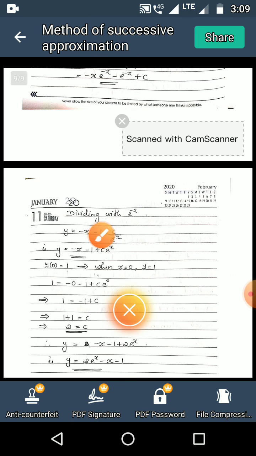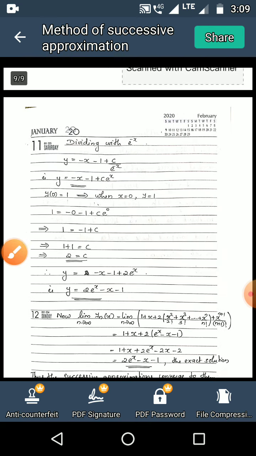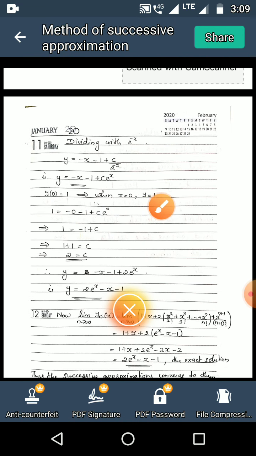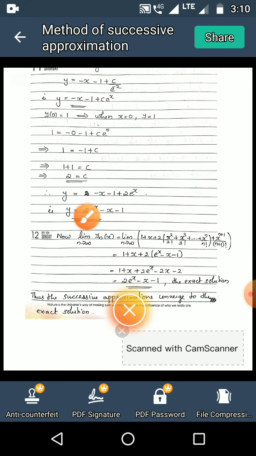So we obtain y is equal to minus x minus 1 plus c e raised to x. Here the denominator e raised to minus x goes to the numerator, that becomes e raised to x. Now applying the initial condition y of 0 is equal to 1, that means when x equals 0, y is equal to 1. So we find the value of c is equal to 2, so that the solution becomes y is equal to minus x minus 1 plus 2 e raised to x. That can be written as y is equal to 2 e raised to x minus x minus 1.